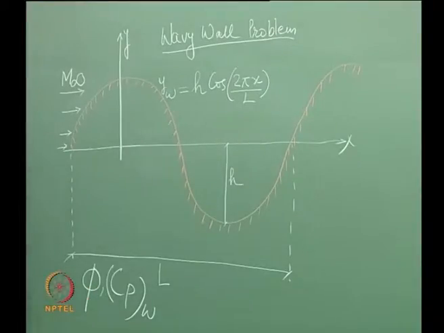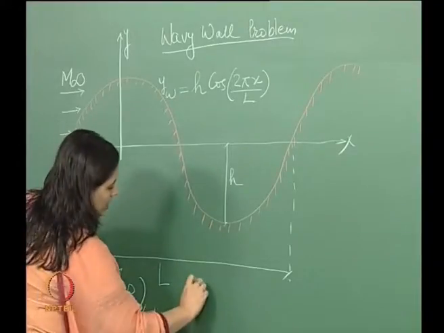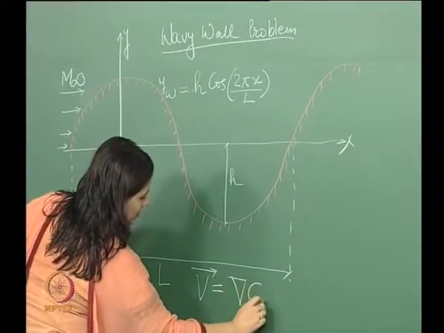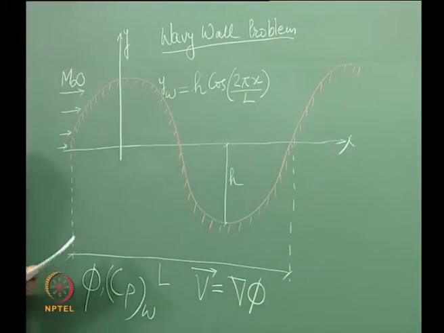Now, for irrotational flow, we know that the velocity can be written in terms of the gradient of the velocity potential.